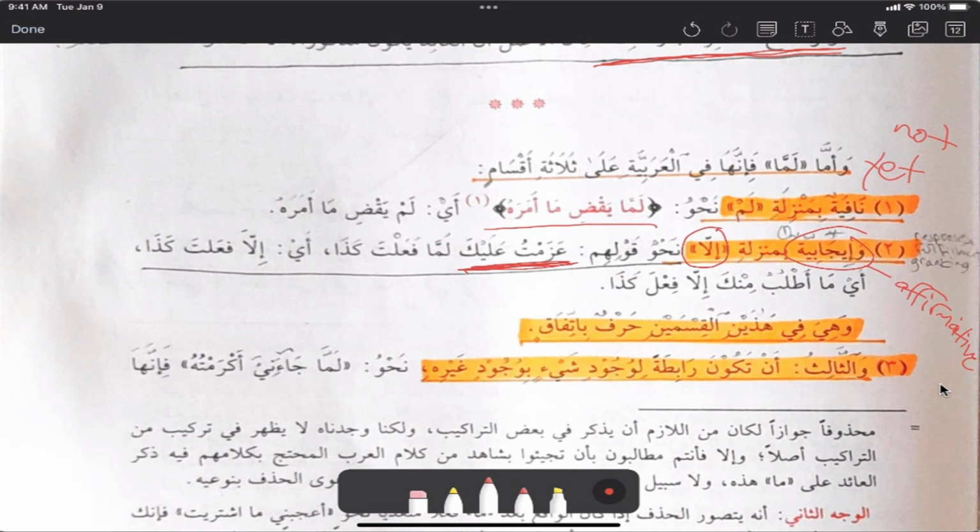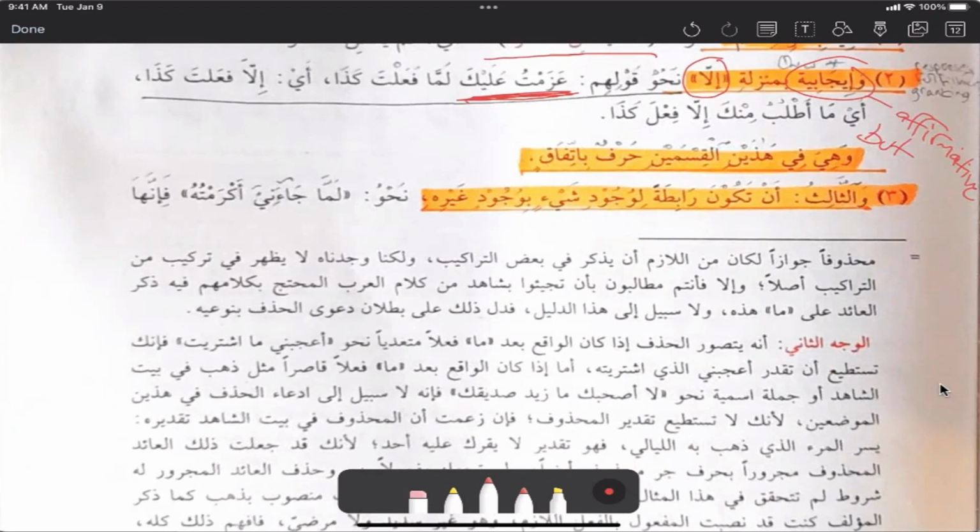So that lamma means but right there. That basically means but, for affirming. I haven't done but good to you. I have not been but good to you, for example. So you're confirming. وهي في هذين القسمين حرف باتفاق. In these two cases, it is a particle by consensus, by agreement.